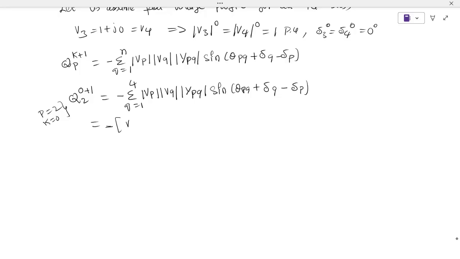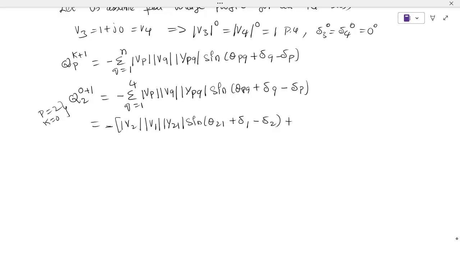Now we'll substitute p is equal to 2 and q values 1, 2, 3, 4. Here V_p means p is equal to 2, V2. First substituting q is equal to 1, that is V1 Y21 sin(theta 21 plus del 1 minus del 2).